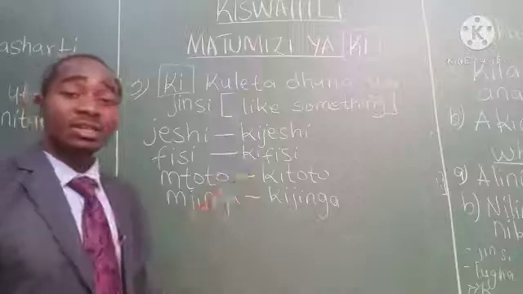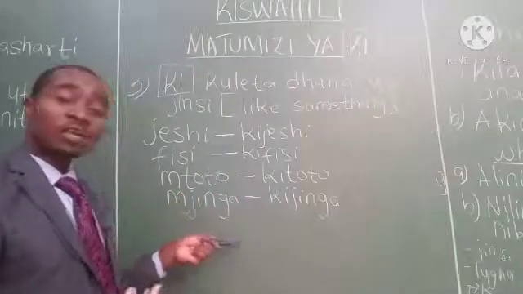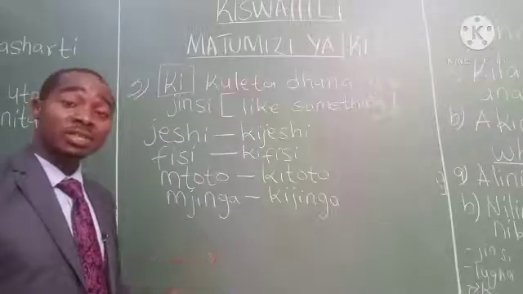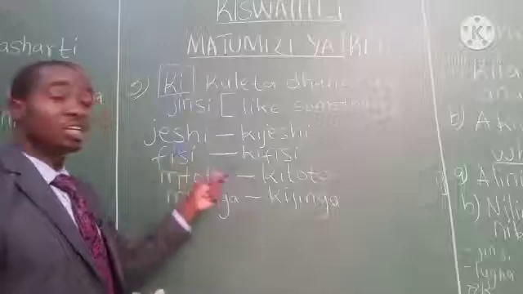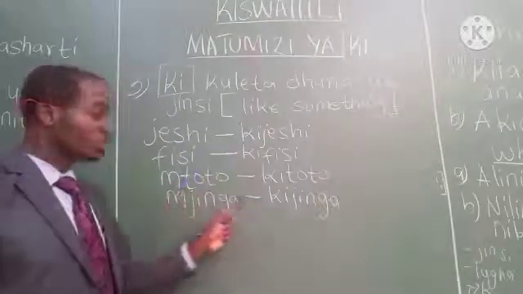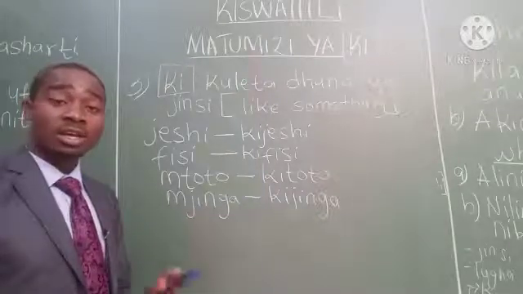So like something, you see. And when you look at these nouns, you can confuse them with the hali ya udogo, the diminutive forms. Like here, jeshi, kijeshi, fisi, kifisi, mtoto, kitoto, mjinga, kijinga. Don't confuse with the diminutive form.